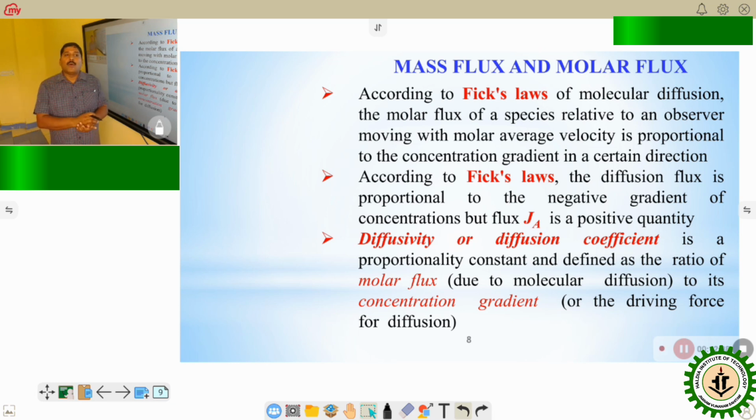Now, if the object and your observer are both in a static mode, at that time we can find out the rate of diffusion. Another frame is there: your observer is moving with a molar average velocity.